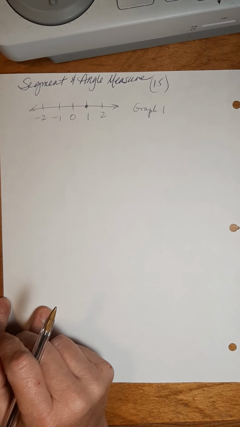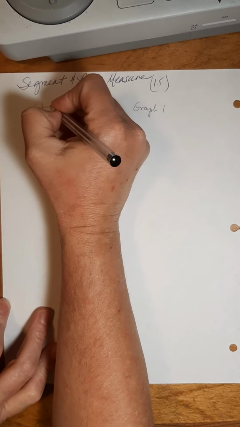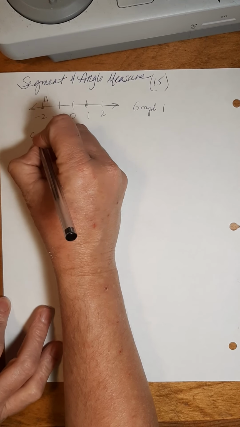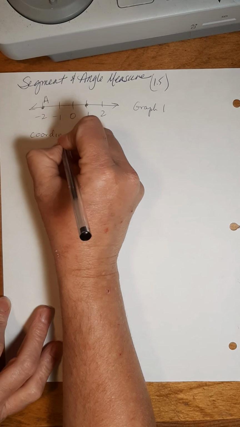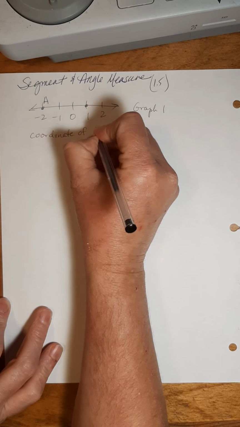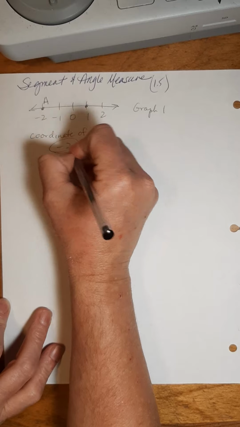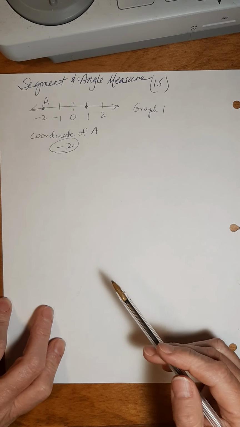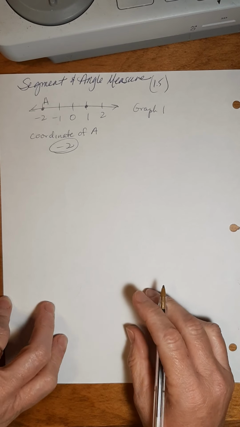If it said state the coordinate of A, -2. And of course you can do fractions and such, but that's it for that.